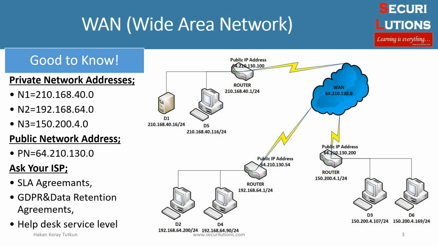If you look carefully at the external IP addresses, you may notice that 64.210.130.0 will be the ISP network address. As can be understood from the topology, we can refer to the networks configured by the ISPs as the router's network. The router network essentially has a local area network structure within itself.